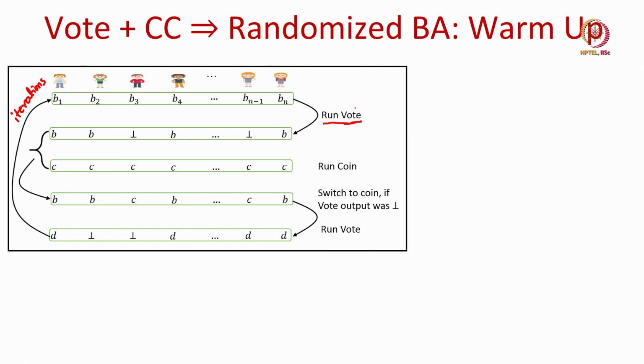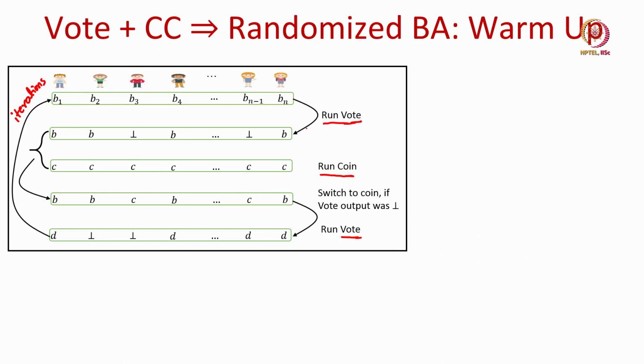Independent of whatever output they obtain during the instance of the vote, they run the coin protocol, and now they again run an instance of the vote protocol, but before doing that they would like to decide their inputs for this second instance of the vote protocol by comparing the output from the previous instance.